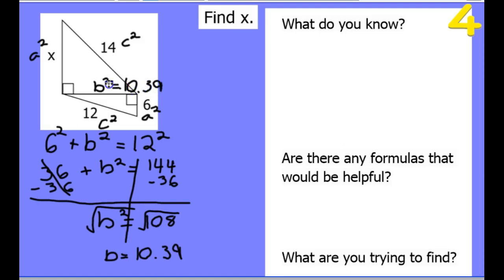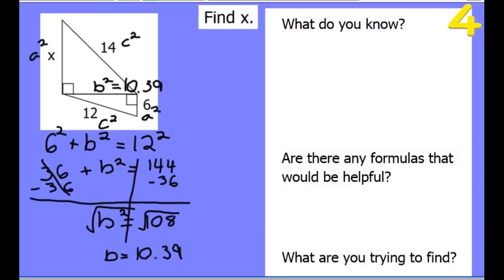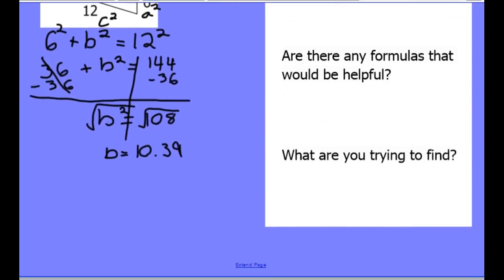Now we know what b squared is and c squared of this triangle, so we can find what a squared, or a, is here. We don't have an a squared.